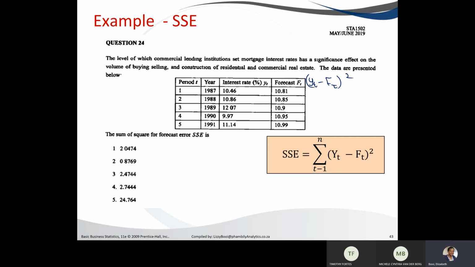Because I'm using my financial calculator, I'll press second function and the dot button and it will square my answer, and I have 0.12. And move on to the next one, 10.86 minus 10.85 equals, second function dot equal.